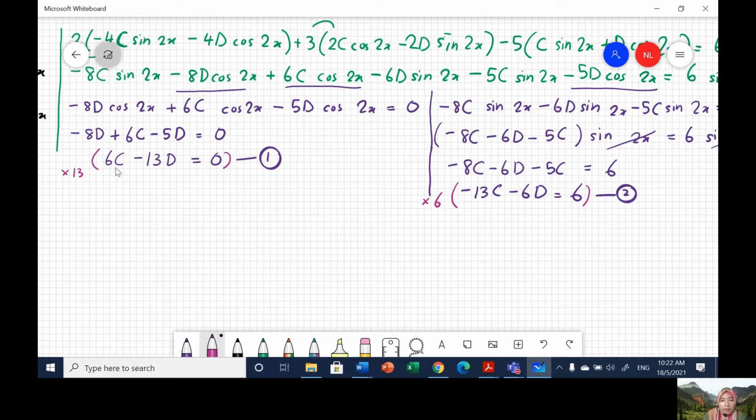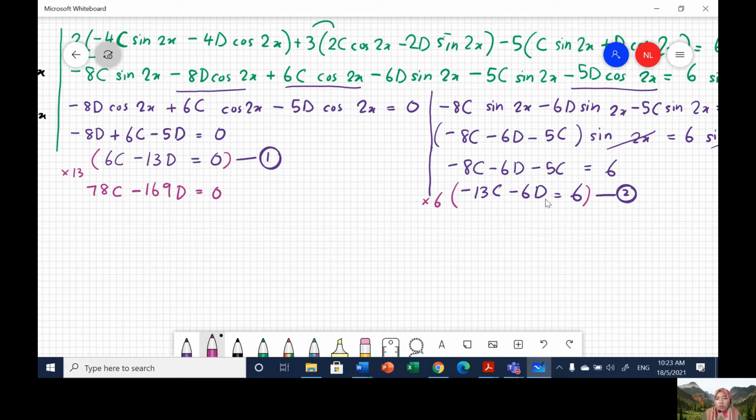So if I multiply the whole of equation number 1 with the number 13, this will be the new equation 78C minus 169D equal to 0, because 0 times 13 is 0.